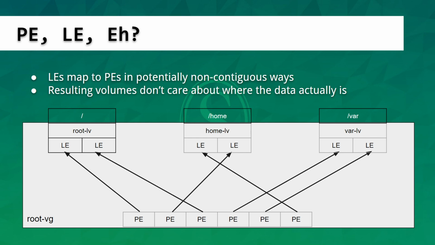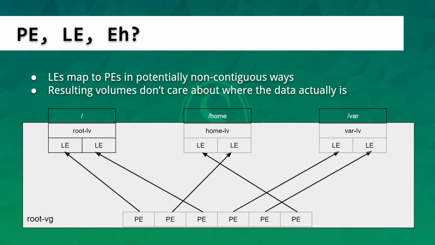They're not contiguous. There's some space between. The slash home file system is installed to a separate logical volume, home logical volume. It too has 2 logical extents in it. These are just arbitrary. These could be 8,000 logical extents, doesn't really matter. They point to physical extents 2 and what is it, 6.